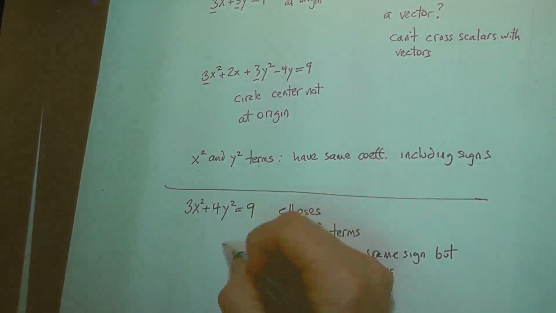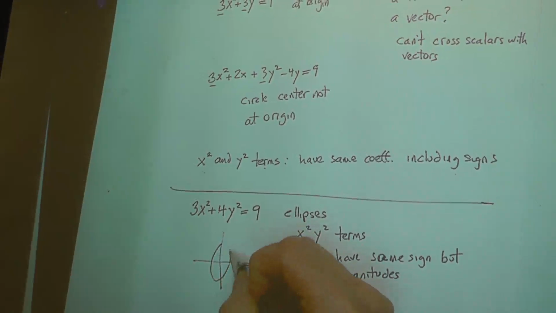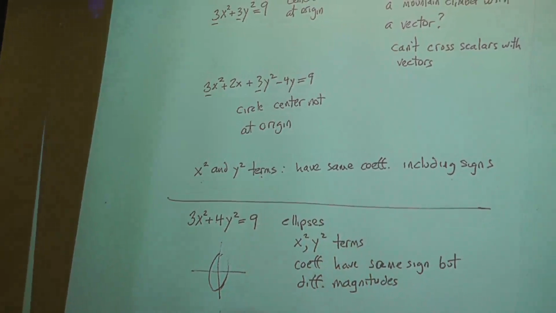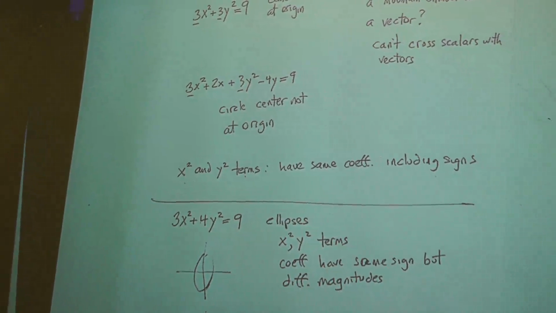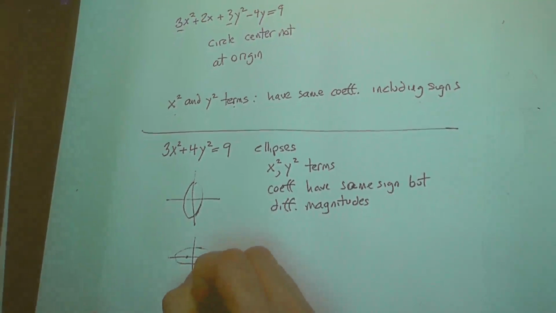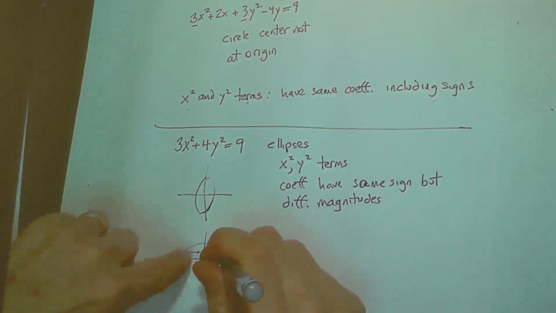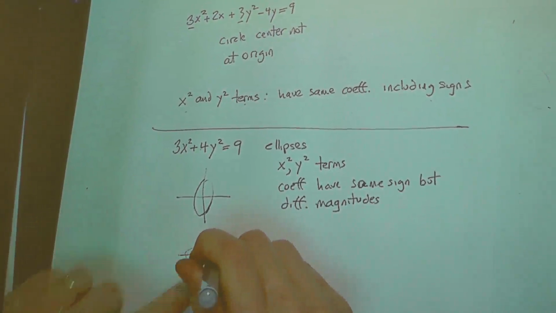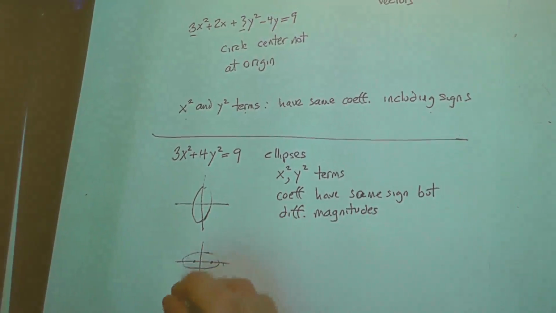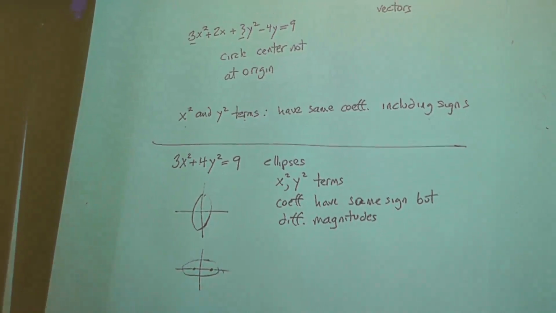Now, as far as ellipses go, if I look at them centered at the origin, maybe they're longer up and down, maybe they're longer side by side. You can look for what are called the foci. There's two of them. If you tack these two points down and put a string around it, it gives you the ability to actually draw a pretty good ellipse. There are formulas for these.